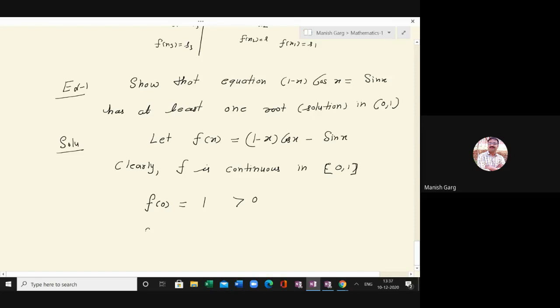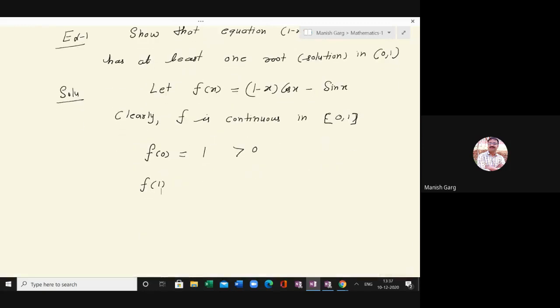Now you can take f(1/2) also, or f(1/3), or f(1/4), but you will get some good thing from which you can conclude something significant. That is, if you take f(1), f(1) will be minus sin 1, which is less than 0.